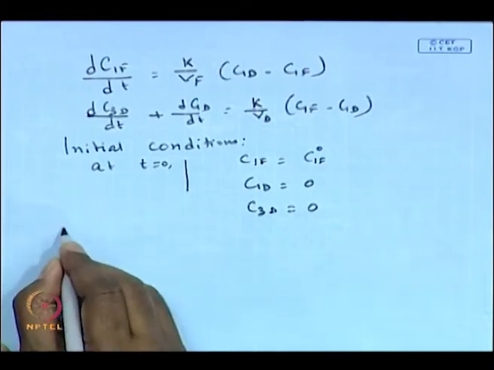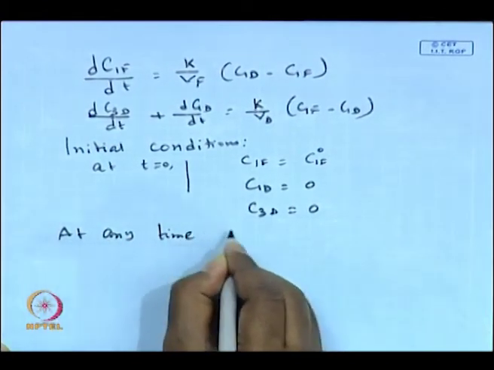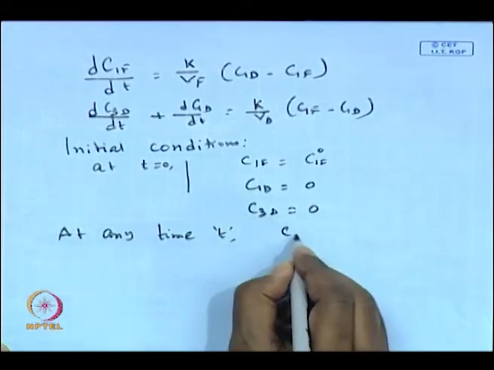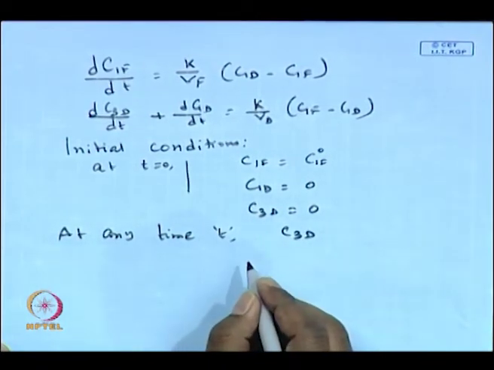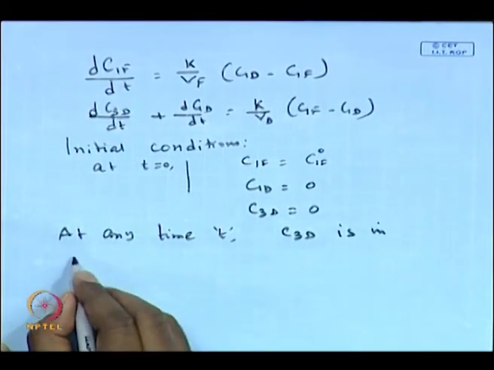Now, at any time t, the concentration of anilinium ion on the dialysate side is in equilibrium, because the reaction is in equilibrium.